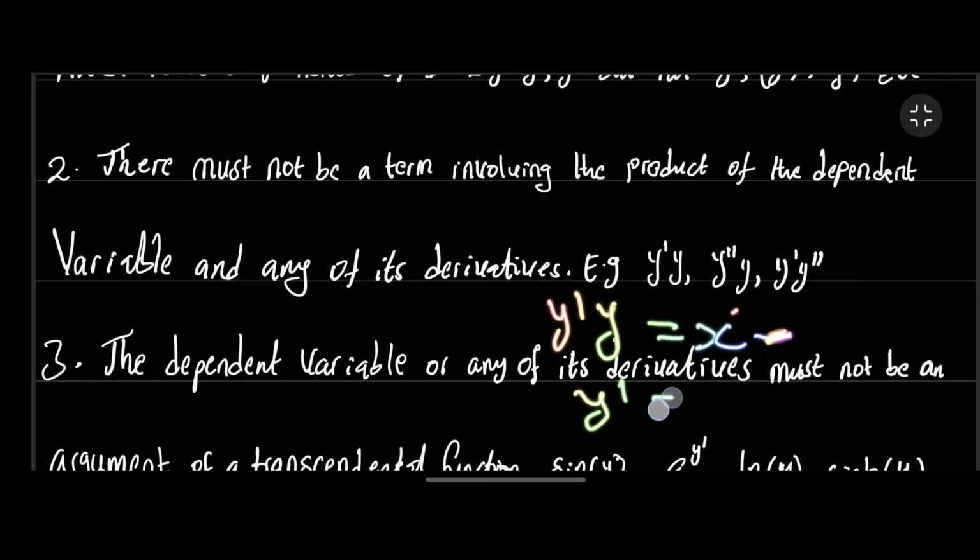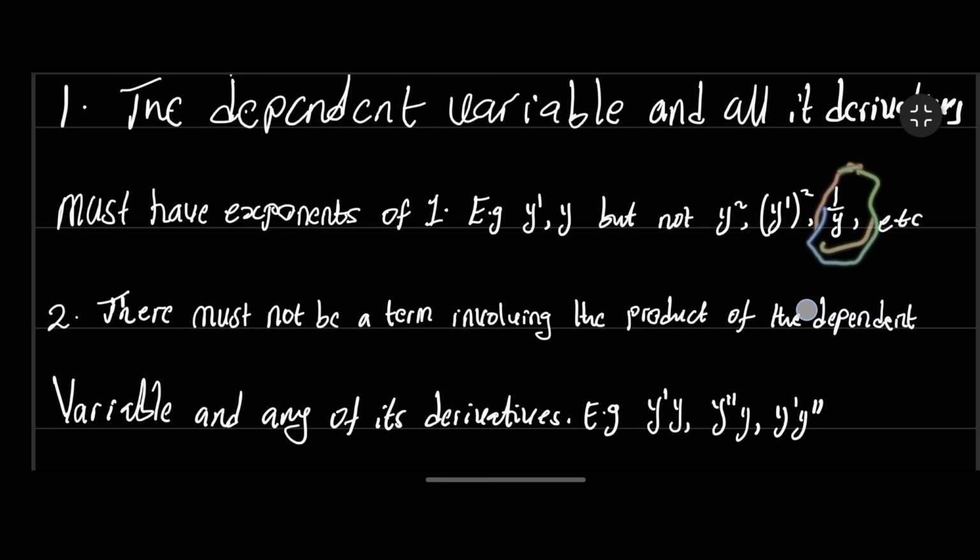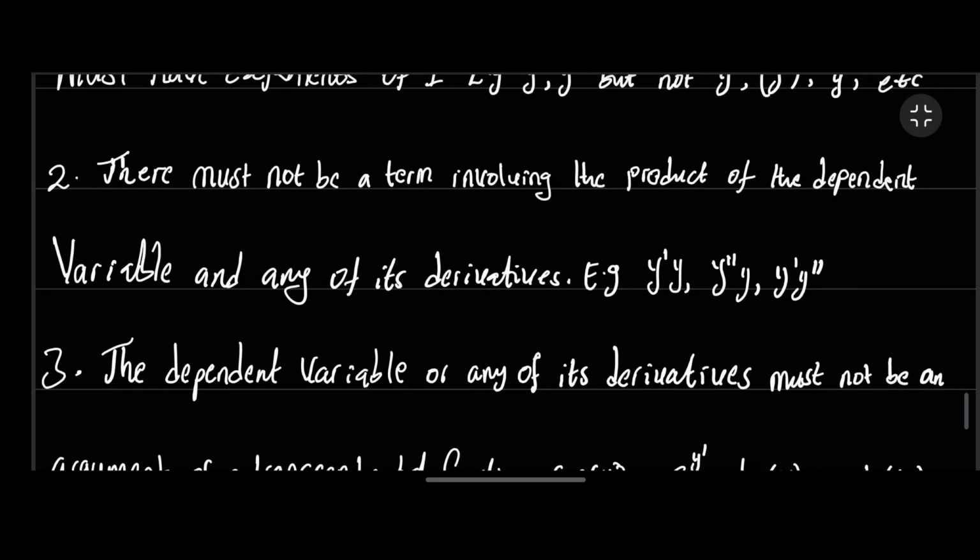You would have y prime is equal to x over y. And in this case, you now have a y raised to the power -1, which violates the rule we stated here. So that is how to link it. You can even absorb condition number 2 into condition number 1.